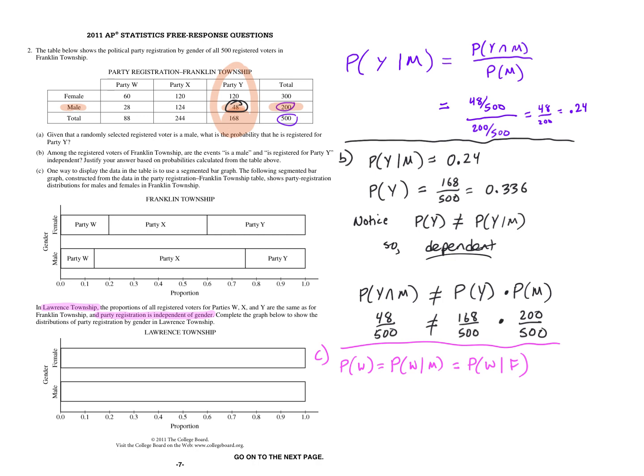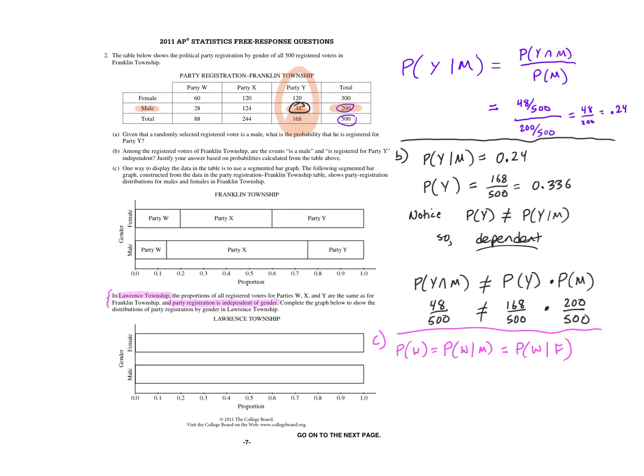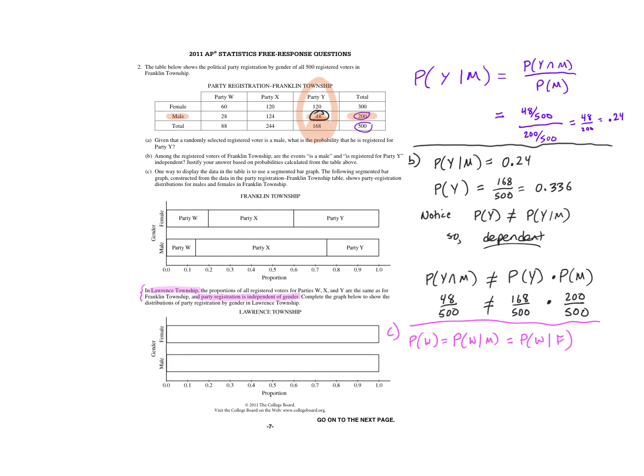And what it's telling you is that the total unconditional probabilities of party membership are the same as in Franklin Township. So what we just need to do really quickly, and I'll zoom out and do it over here, is find the probability of W, which is just equal to 88 out of 500, which is 0.176.